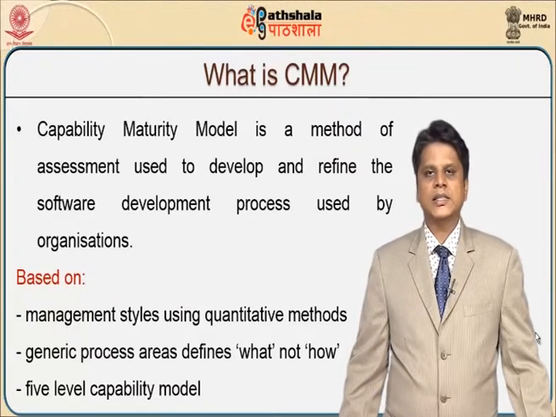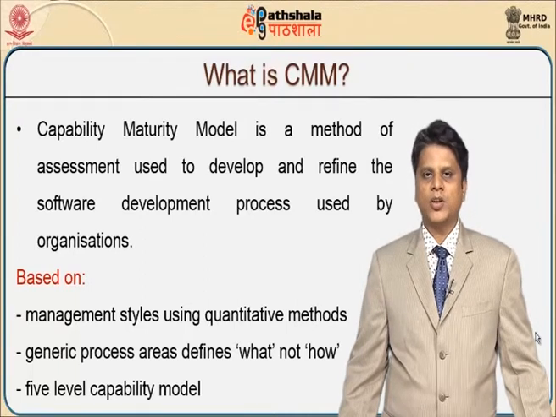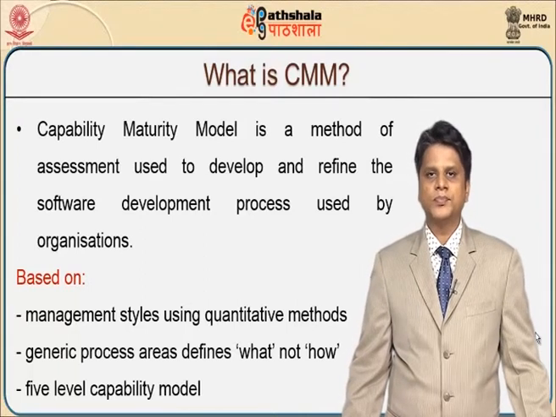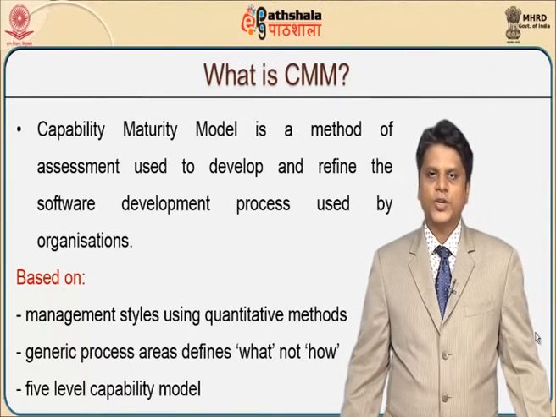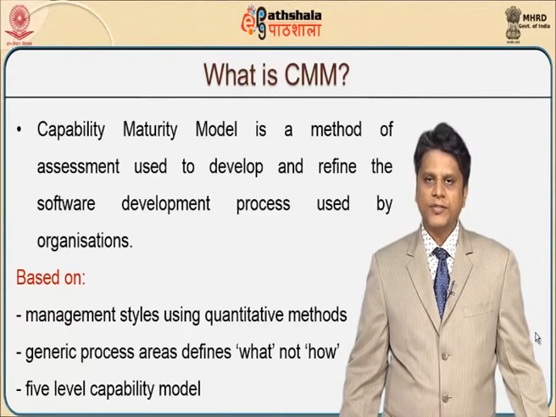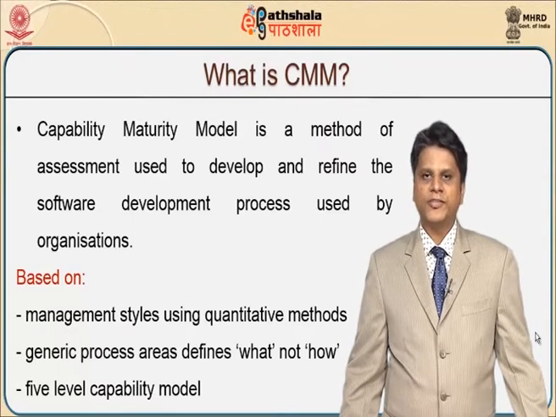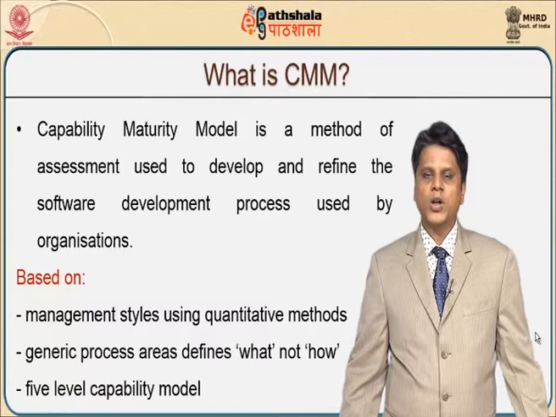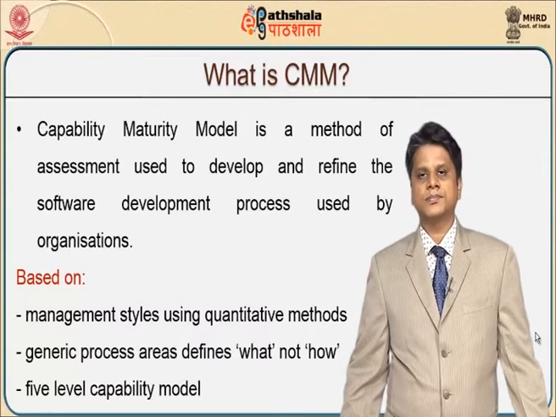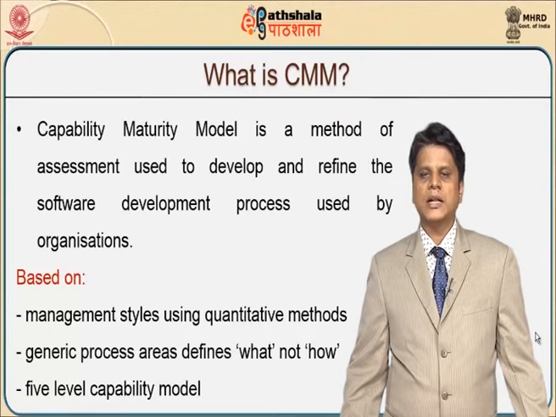So, this says what set of activities should have been established by an organization rather than looking at how it should be done. The methodology of establishing is not taken care of, but what activity is required so that we qualify for every level. And this CMM is looked after at 5 important capability levels, starting from level 1 to level 5.